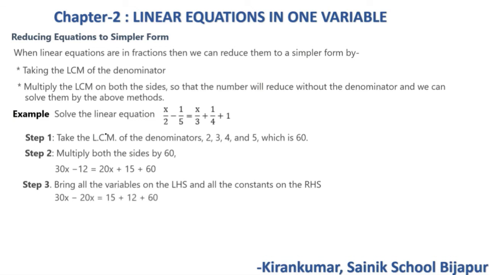So we get 30x minus 20x equal to 15 plus 12 plus 60. On simplifying, we get 10x is equal to 87. On dividing both the sides by 10, we get x value as 8.7 or 87 by 10.